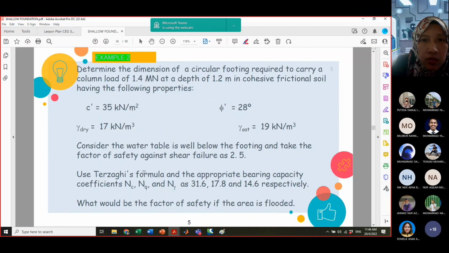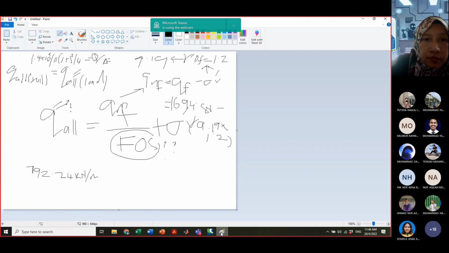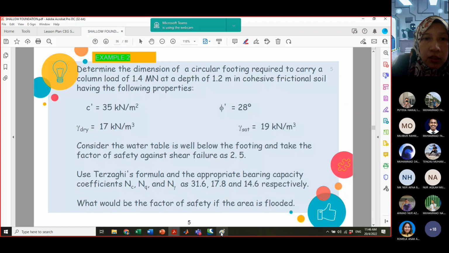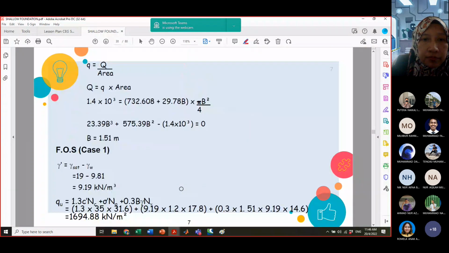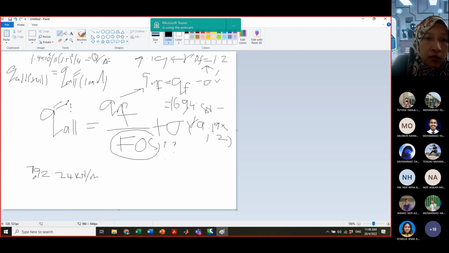Okay, look at the question. 1.4 meganewton sama dengan 1.4 darab 10 kuasa 3 kilo Newton. Betul tak? Am I right? Betul doktor. Okay, that's right. That's good. Maknanya sekarang ni 792.24 kilonewton per meter square sama dengan Q net tadi.